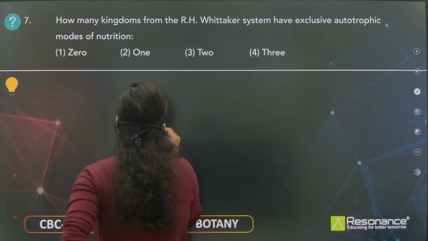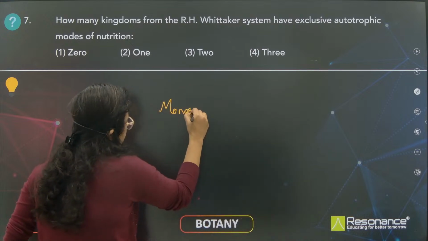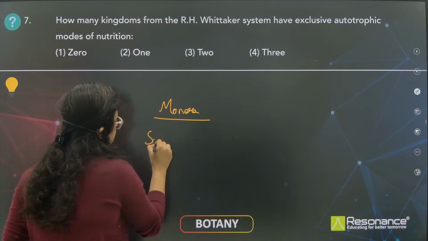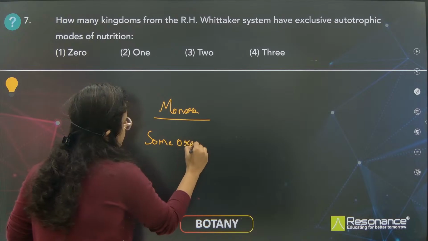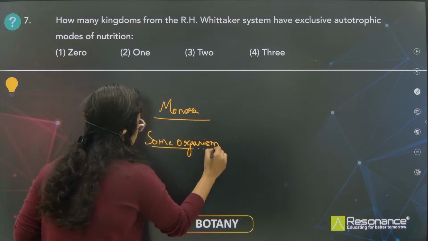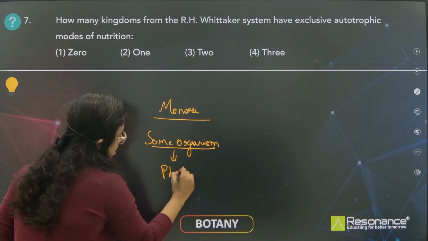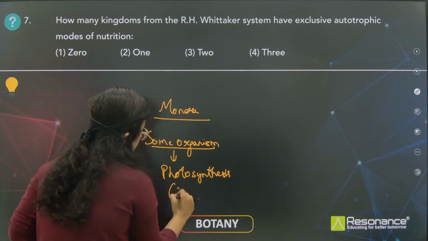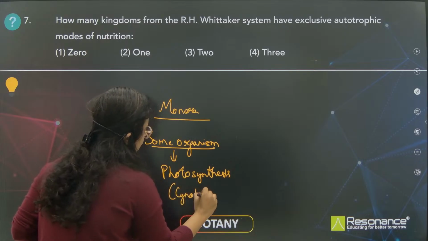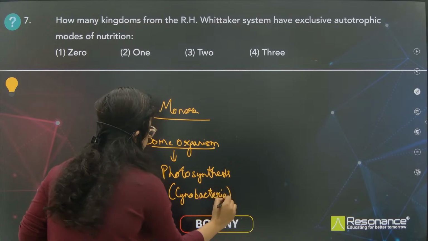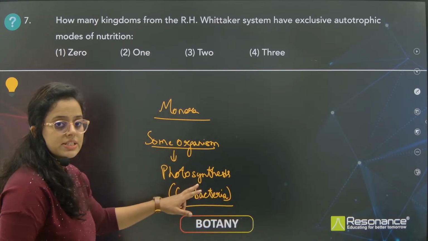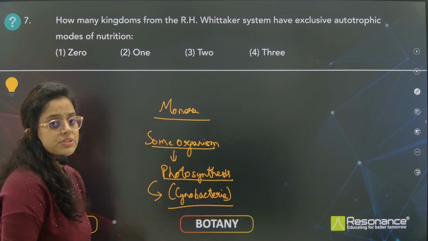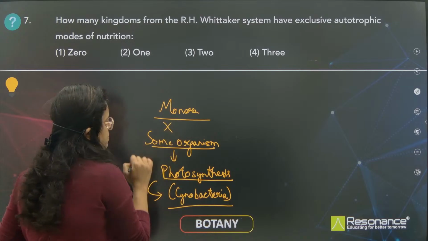So here if you see, Monera is not exclusively autotrophic, although some organisms of Monera perform photosynthesis, not all, some, like cyanobacteria or blue-green algae. Some organisms perform photosynthesis, not exclusive, so we are not going to consider Monera.